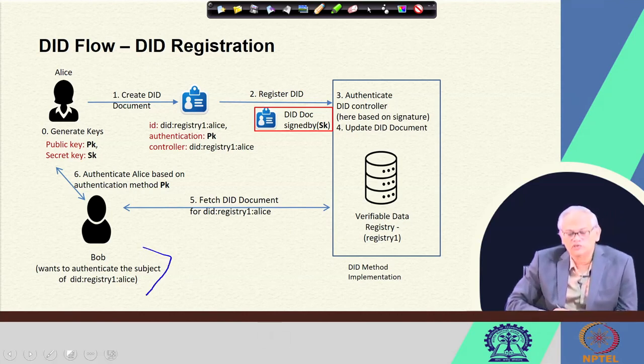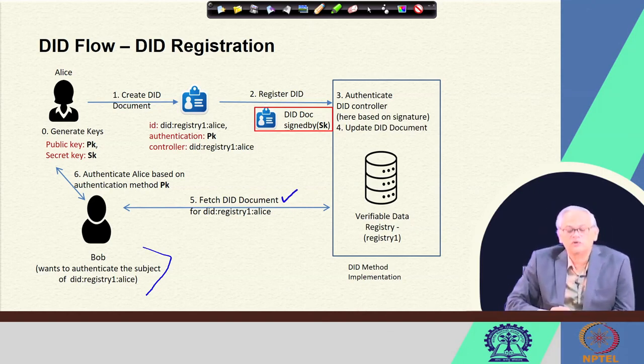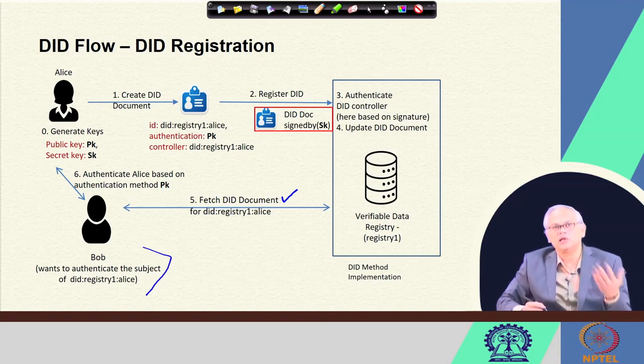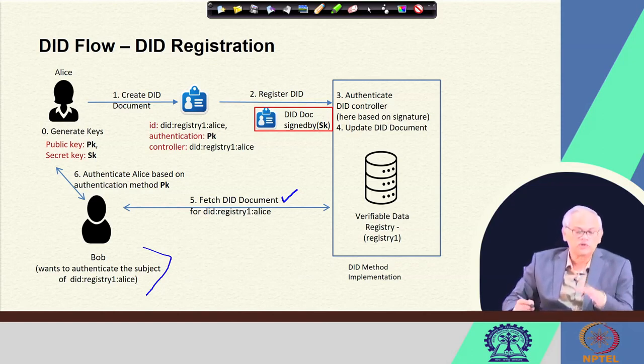So, Bob would fetch the DID document corresponding to did:registry1:alice. Alice will tell Bob that if you want to authenticate me, you go and fetch did:registry1:alice, and then Bob would go and fetch it from the verifiable data registry. Now, once Bob has done that, Bob will first have to figure out that indeed it was signed by the controller.